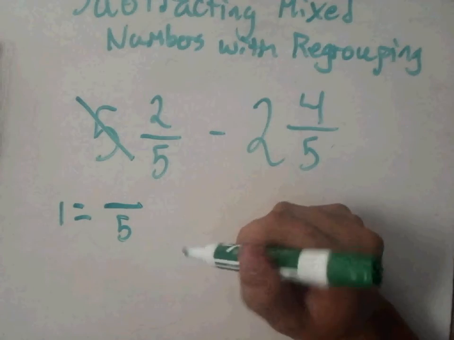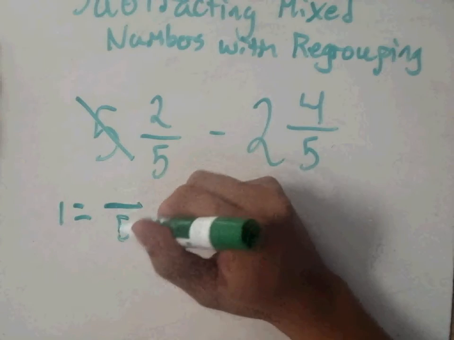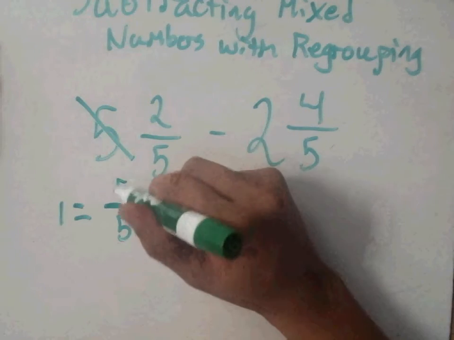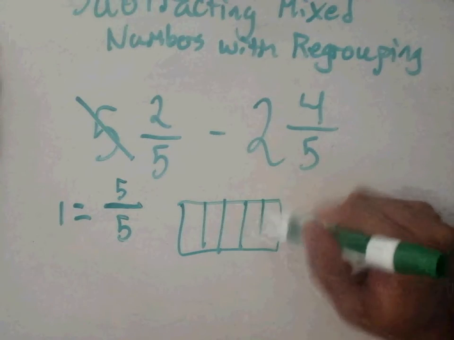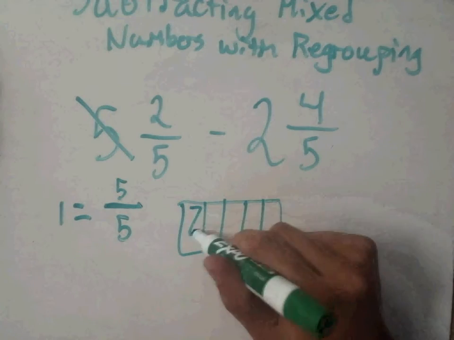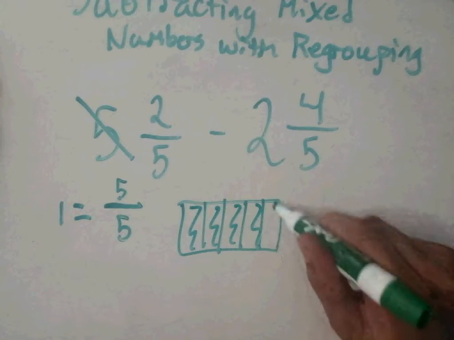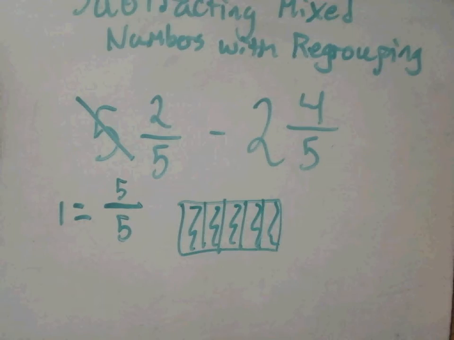So the numerator, to be equal to 1, needs to be the same as the denominator. If we remember our visual, I would be shading in 5 parts here, and that would equal my whole.